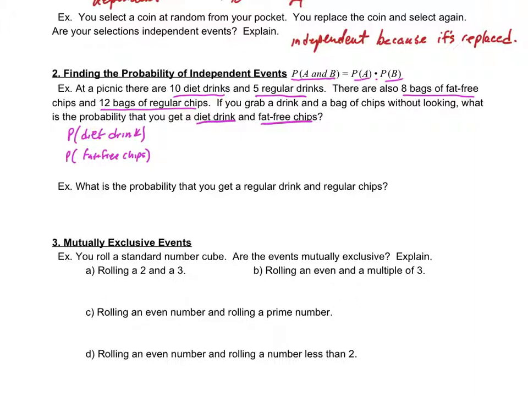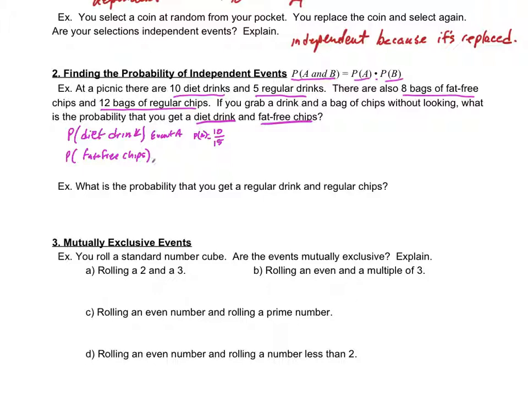So the probability of selecting a diet drink, we'll call this event A, is going to be 10 out of a total of 15 drinks, because we have 10 diet and 5 regular, so it's 10 out of 15, and I don't even need to simplify that right now, okay?